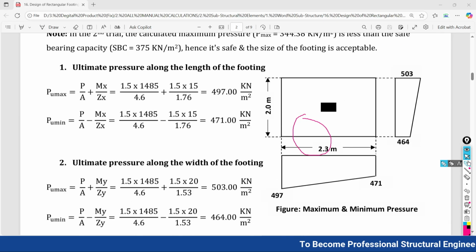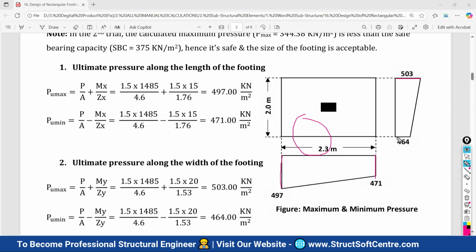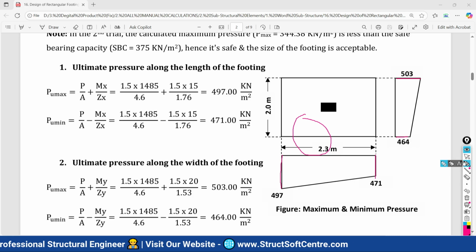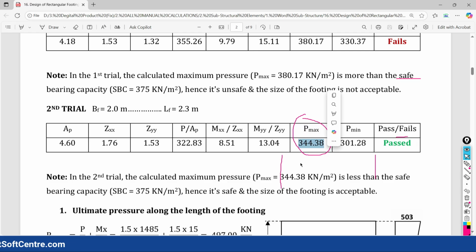In this figure, this is the maximum pressure for the length, this is the minimum pressure for the length, this is the maximum pressure for the width, and this is the minimum pressure for the width. But we want the overall maximum pressure, which is 344.38 kilonewton per meter square. So this maximum upward soil pressure value we should use for checking the punching shear.